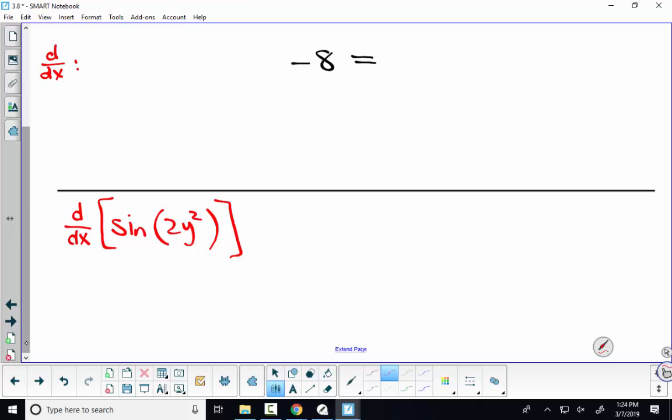Cosine of 2y squared times y prime. Well, it's not just y prime. What does the chain rule say we have to multiply this by? The derivative of the inner.